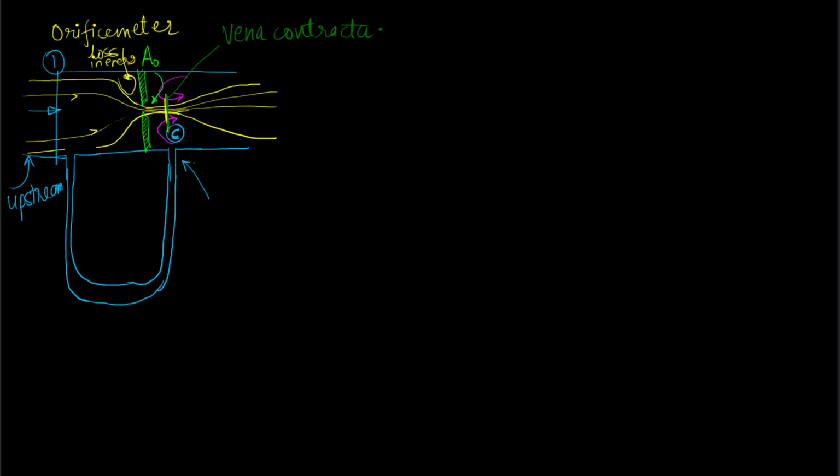So essentially this is measuring the piezometric pressure at the vena contracta, while this is measuring the piezometric pressure at a section away from the orifice, upstream of the flow. As you can imagine, the pressure at the vena contracta will be lower than the pressure at point 1.